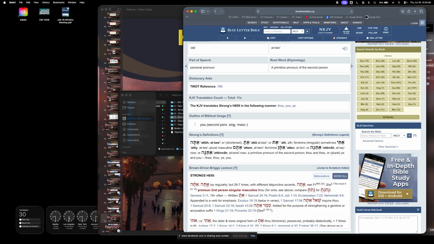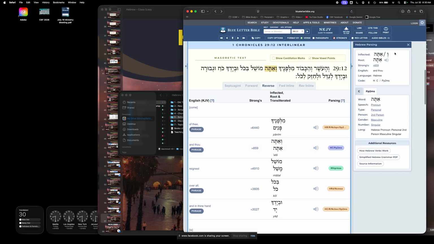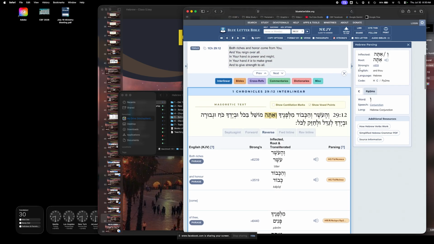It just means you, second person, singular, masculine. But notice our grammar. You do have the vav built into it because it's va'ata. That vav is your conjunction: and, or but, or then. Which one is it? Context. David seems to be continuing the thought, so I think it's well translated.